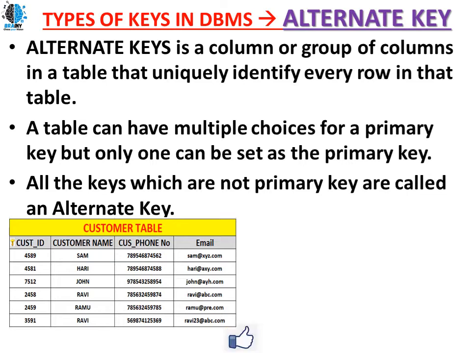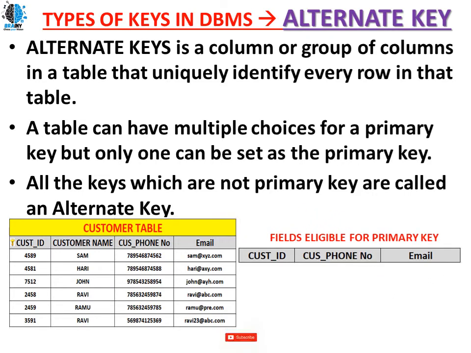These are the eligible keys for primary key: customer id, customer phone number, and email address. Customer id I can make primary key. Customer phone number also I can make because it is also unique. Email addresses are also unique. From these three keys I can make any one key the primary key, right?